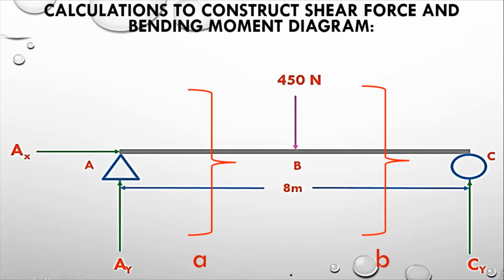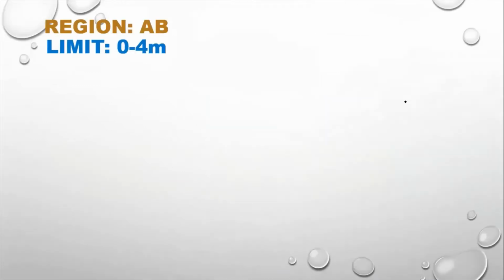So I think it is clear to you that, for example, we have cut the section somewhere from A to B, and the limit is 0 to 4 meters. So what we have to do is make the beam, whatever beam there is before the section cut. So we will draw it over here. You can see how we can do it.